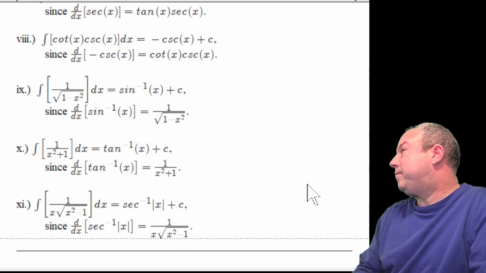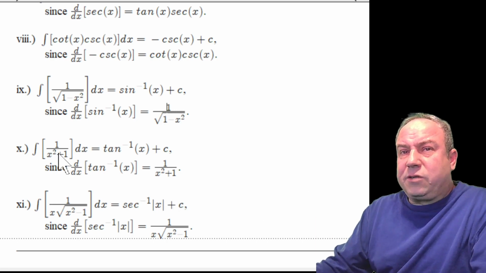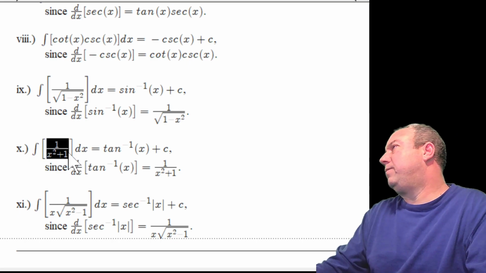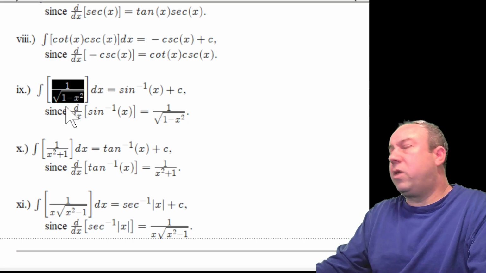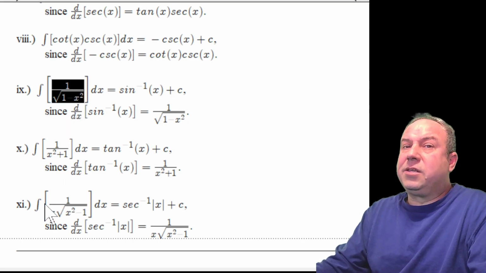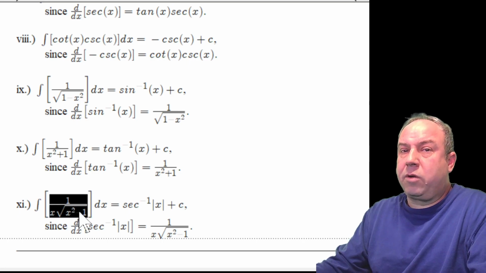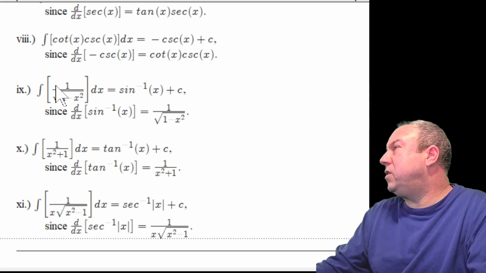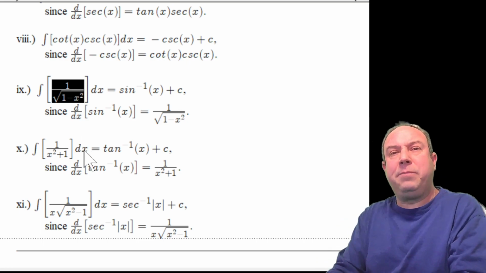Okay. All right. These are very specific rules. This antiderivative rule only works for 1 over x squared plus 1. This derivative rule works only for 1 over the square root of 1 minus x squared. This antiderivative rule only works for 1 over x times the square root of x squared minus 1. They only work for these very specific forms for the arguments of these antiderivative statements.